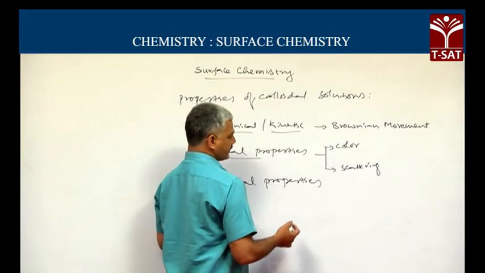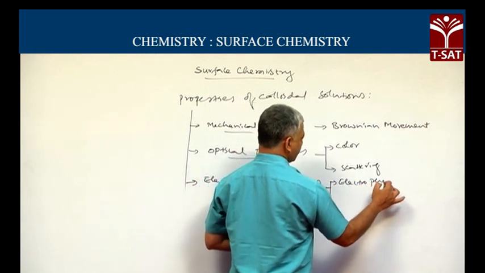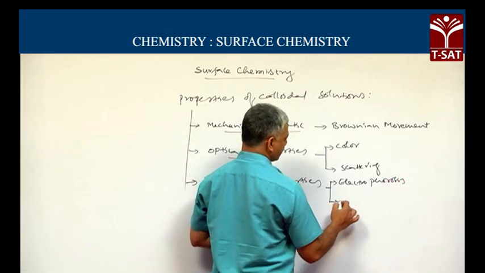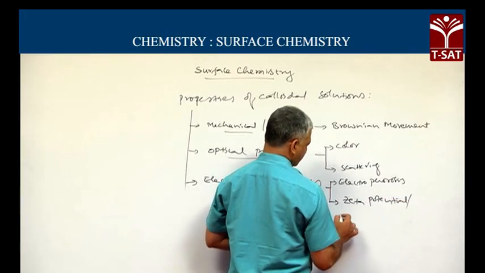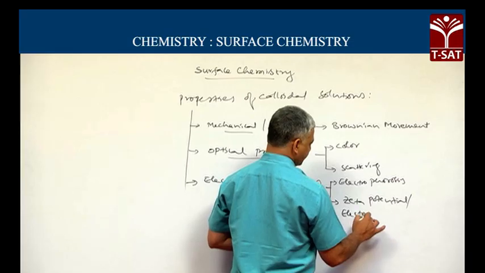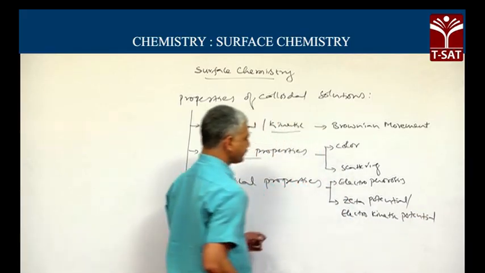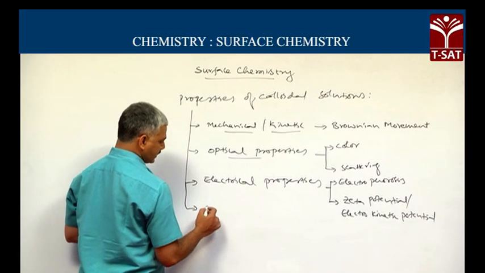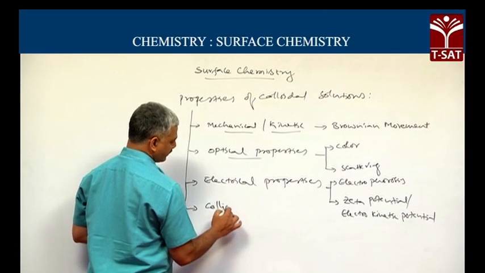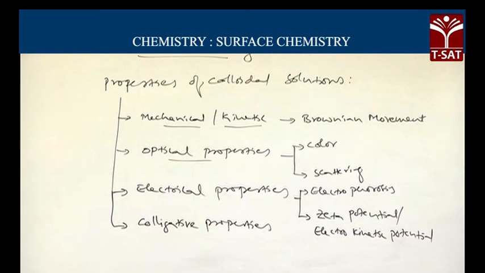In electrical properties, we will come across electrophoresis and zeta potential concepts. This zeta potential is also called as electrokinetic potential. And one more property that can be studied for colloidal solutions is colligative properties. Now, let us see one by one.